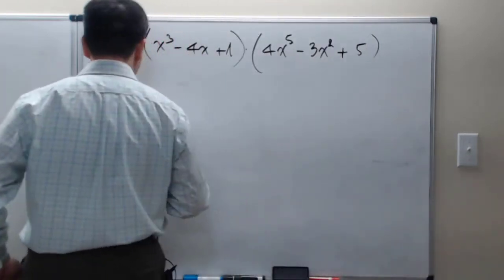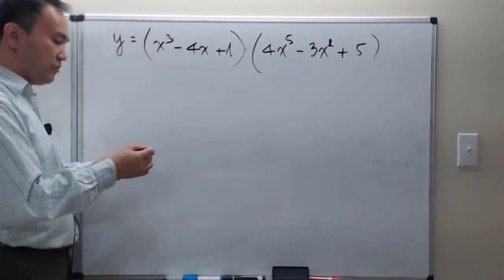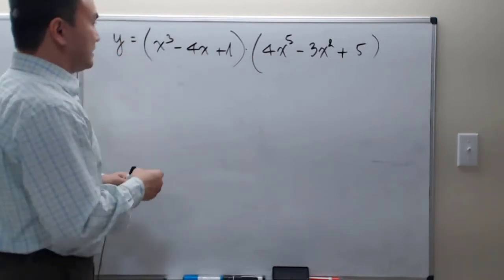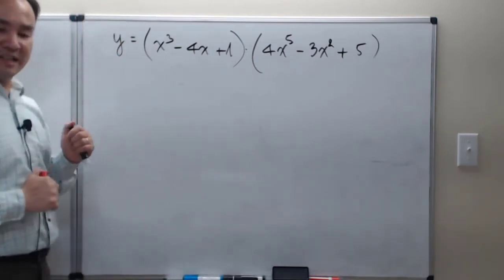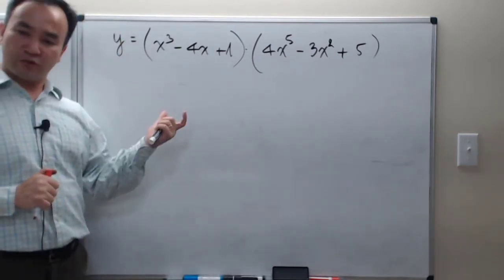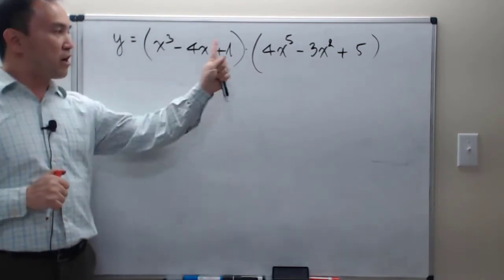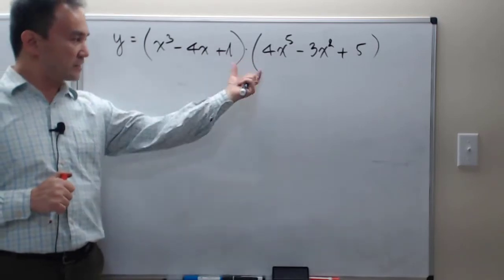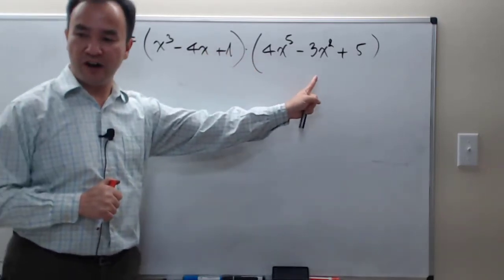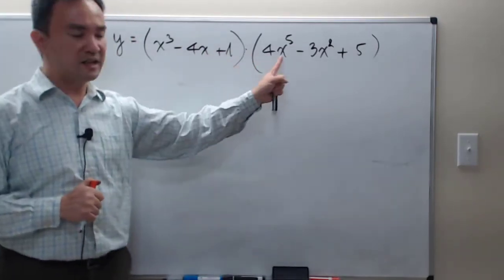So now allow me to introduce the derivative rule that we refer to as the product rule, which is a rule to find the derivative directly out of a product like this. What I see here is a product of two separate functions. Each function here has three terms.